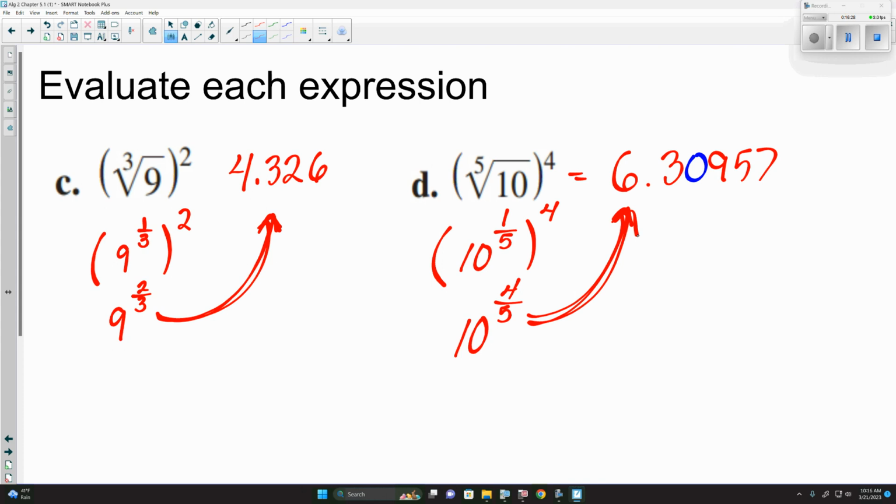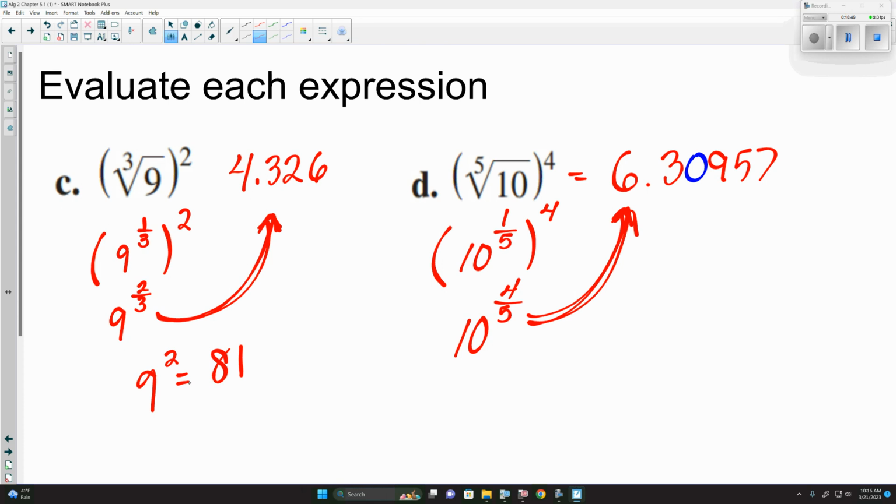Because what is 9 to the first? It's 9. Anything to the first power is the number itself, yes? And if we square something, 9 squared is what? 81. Because we're taking the number and multiplying it by itself, yes? A whole number of times.